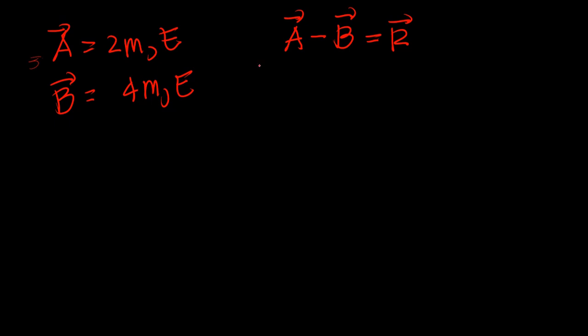So, same lang yung gagawin natin. If A is pointing to the east, so that is positive 2 meters. Minus, yung B natin is again pointing to the east, pero ito ay may minus na dyan.